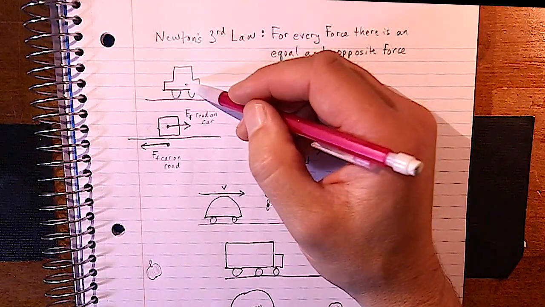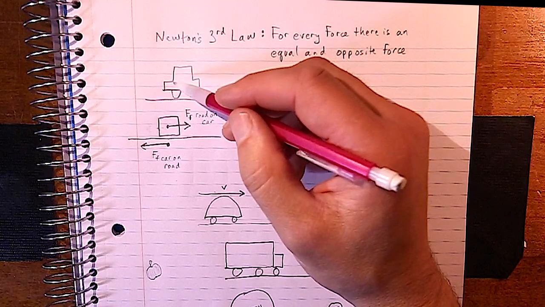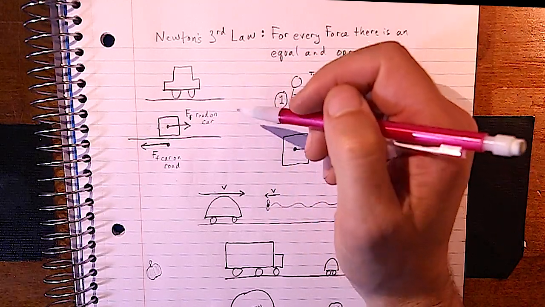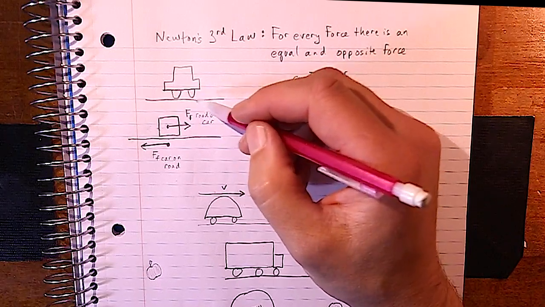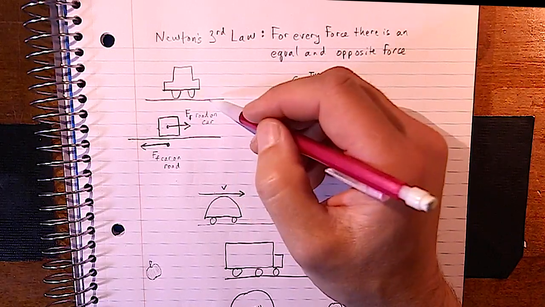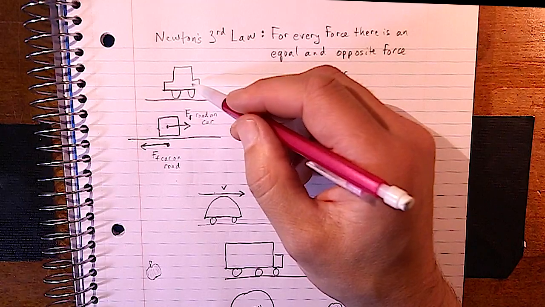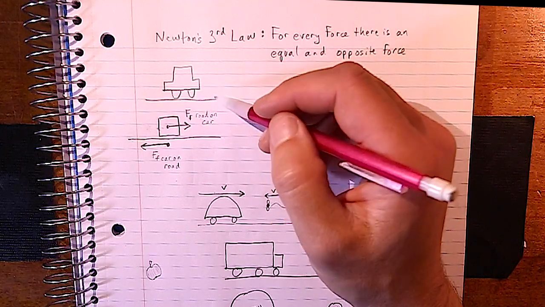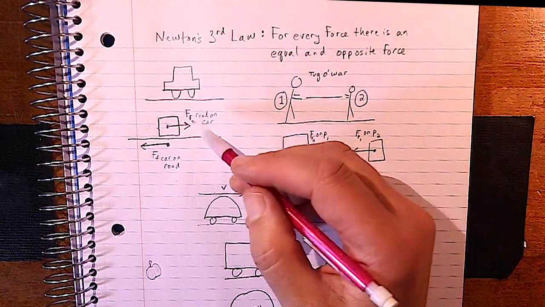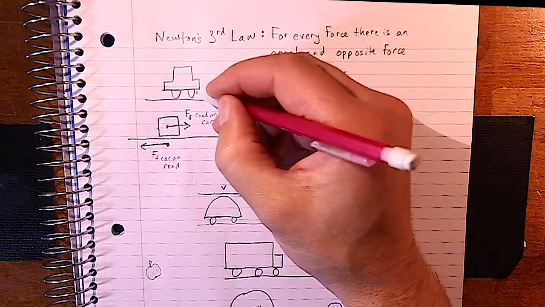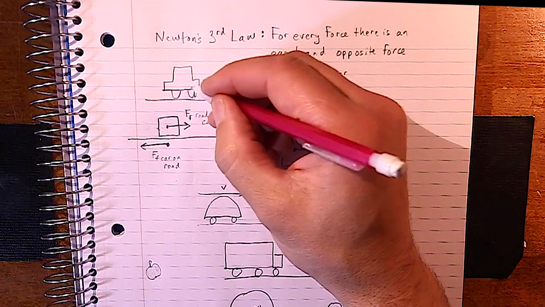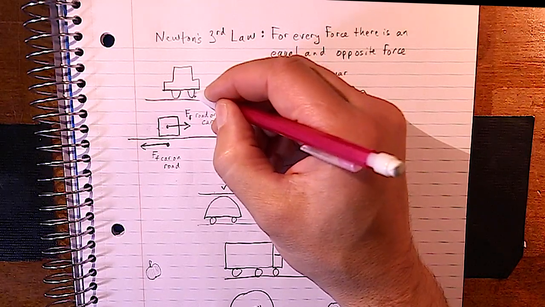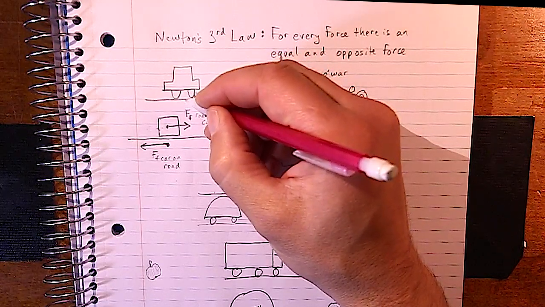How can a car start to accelerate or drive down the road? Well, if you imagine that this car was on a perfectly frictionless surface, very, very slippery ice, and you pressed on the accelerator, the car would not be able to go forward. What actually propels a car forward? Well, the tires start to rotate from the axle and the engine, and that tire pushes on the road.